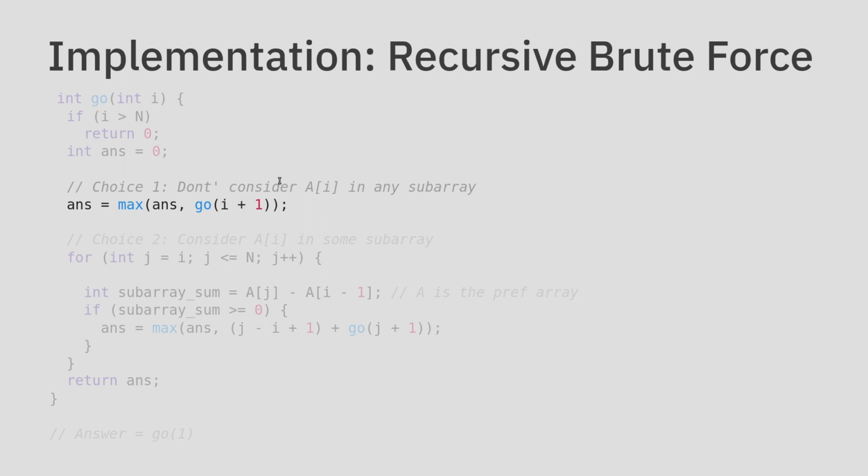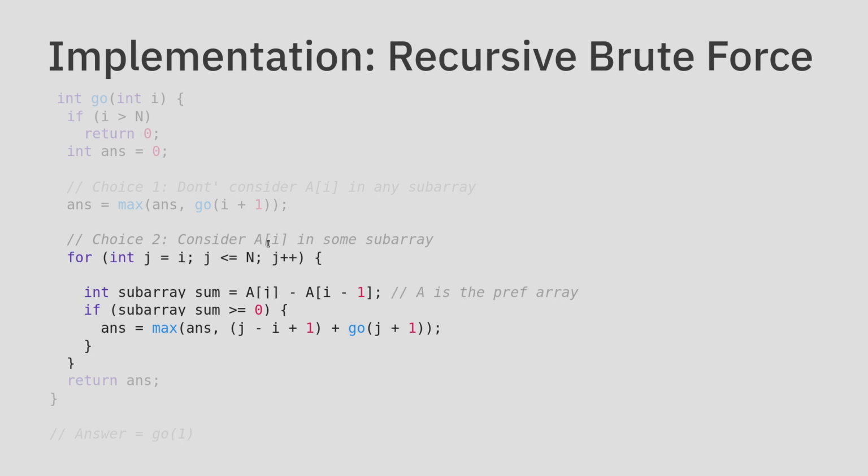The second choice was to consider it in a subarray. If that is the case, the subarray sum must be greater than or equal to 0. One more thing I wanted to mention is to assume A is a prefix sum array, so that we can calculate subarray sums in constant time.